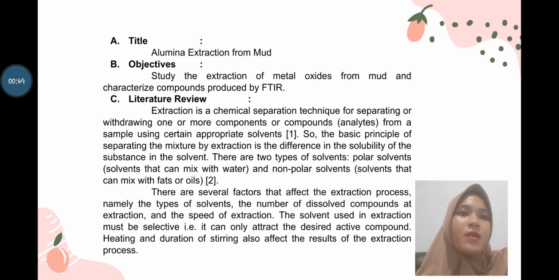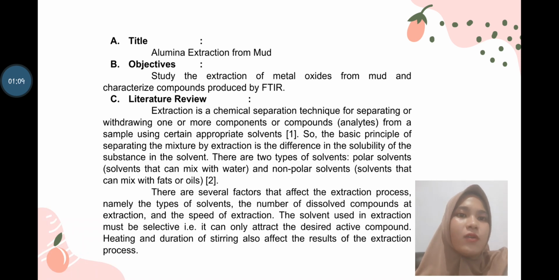So, the basic principle of separating a mixture by extraction is the difference in the solubility of the substance in the solvent. There are two types of solvents: polar solvents, which can mix with water, and non-polar solvents, which can mix with fats or oils.